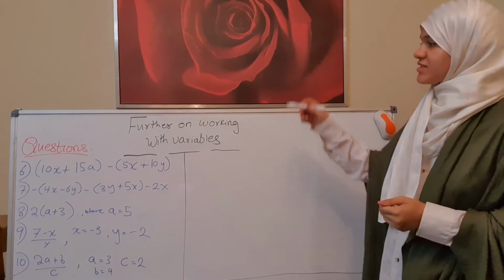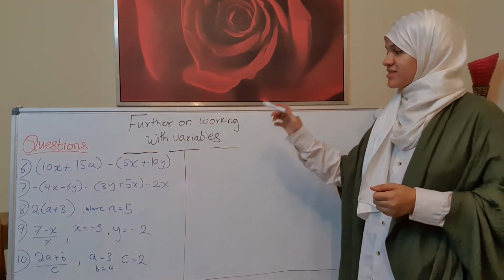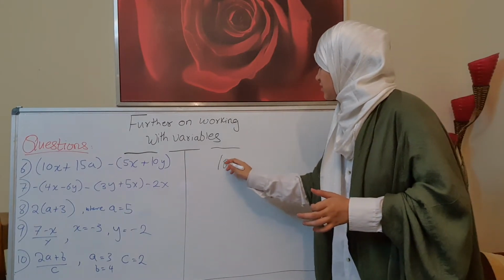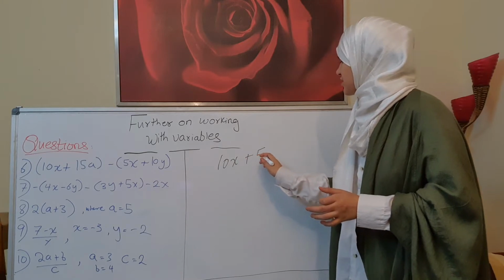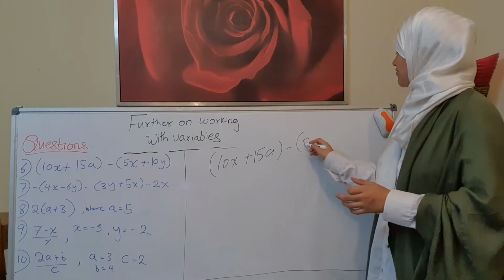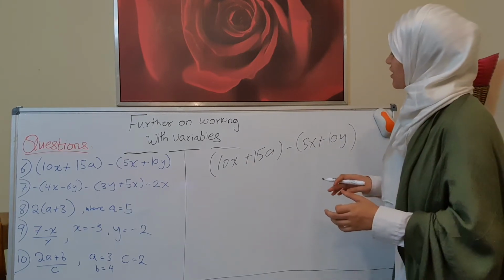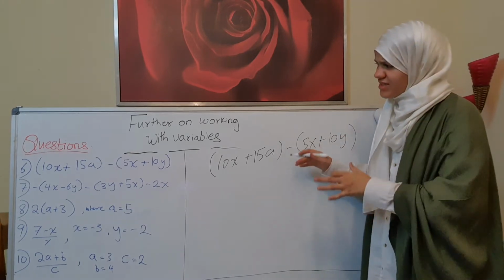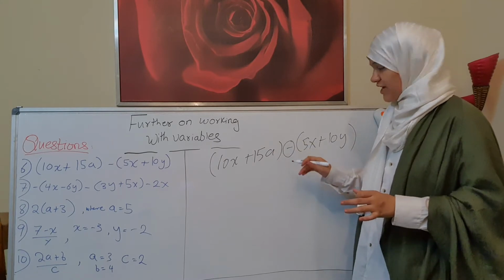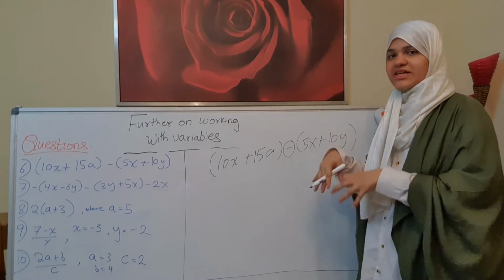Question number 6 says bracket 10x plus 15a minus 5x plus 10y. Now it will be the same as question number 5, that first of all we multiply the sign which is outside the bracket with the sign which is inside the bracket.